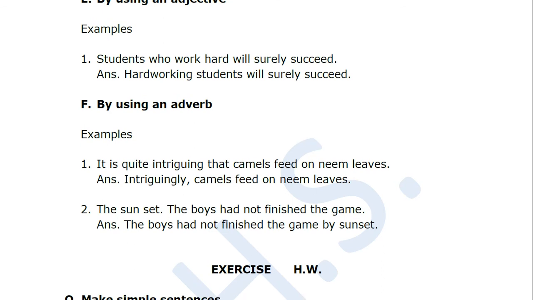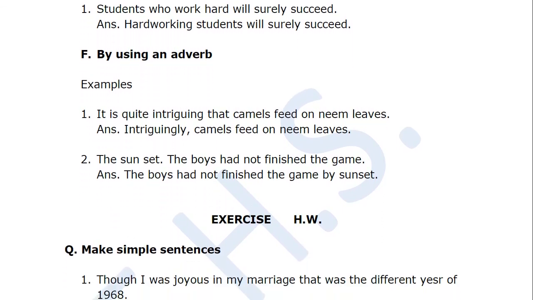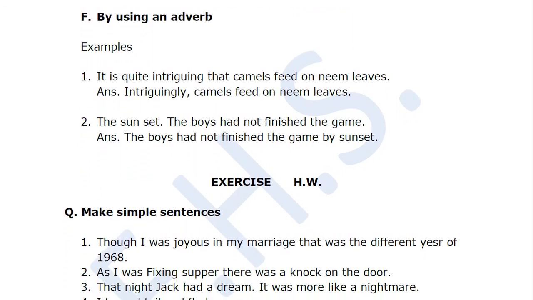Next one, the last one, by using an adverb. It is quite intriguing. And again, adverb, what does it do? It describes an action, how you are doing something. Correct? So the adverb is telling you more about the action. Here is your first verb and feed is your second verb.